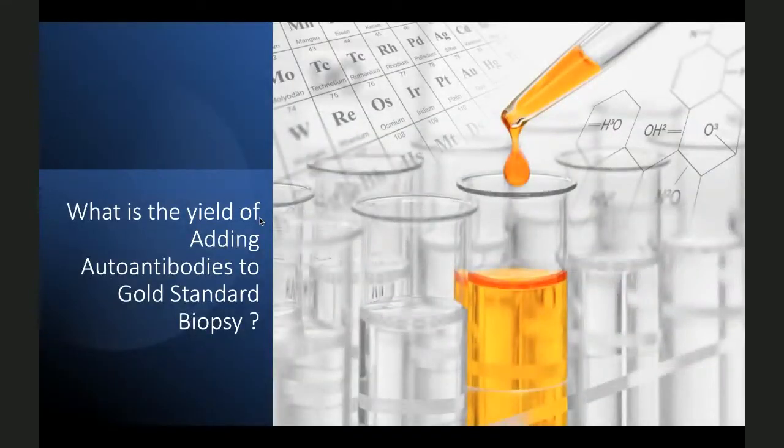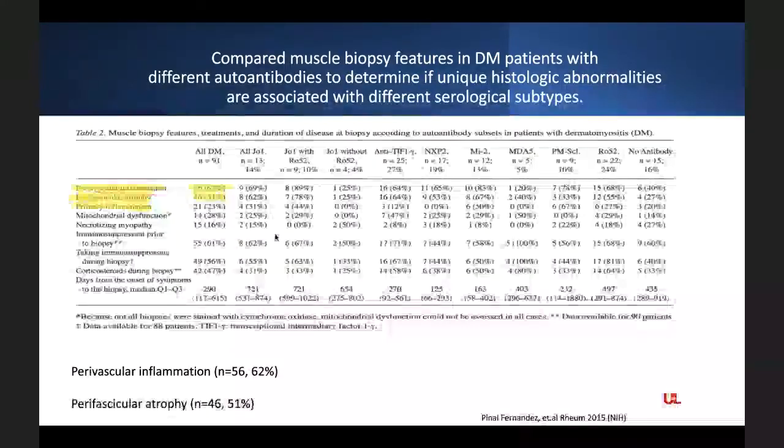Having talked about so many antibodies, what is the yield of doing antibody testing compared to the gold standard, biopsy? So there was this paper in 2015. It was a cohort specifically for dermatomyositis and Jo1. In this paper, they studied the histology, and they also had the serum to test the antibodies.